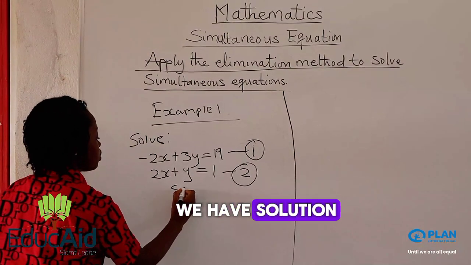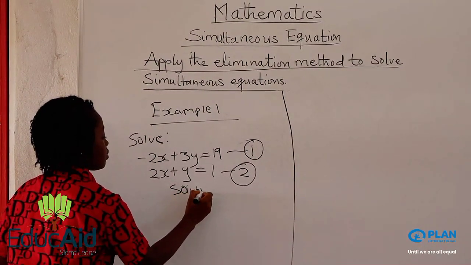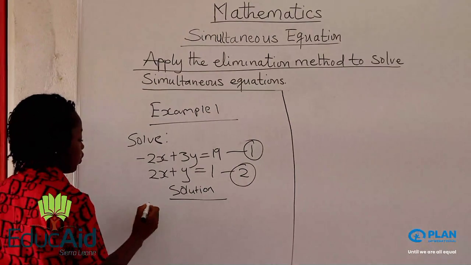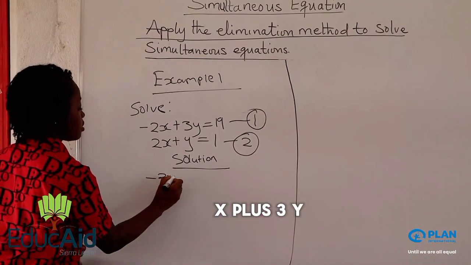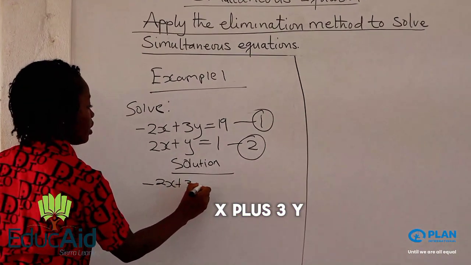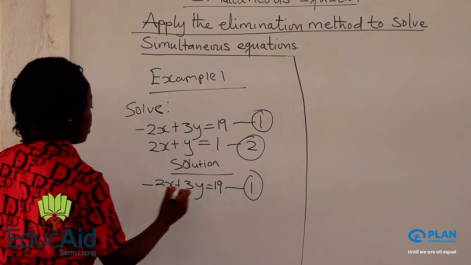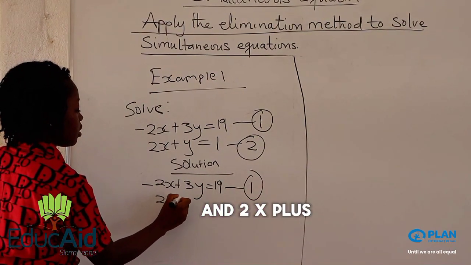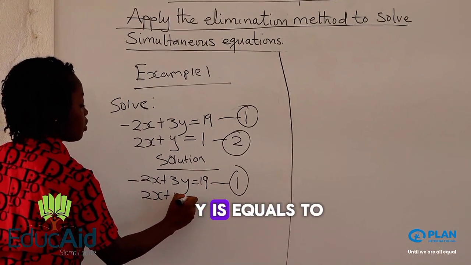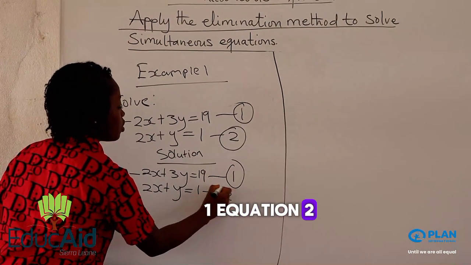We have the solution. We have minus 2x plus 3y is equals to 19 and 2x plus y is equals to 1, equation 2.